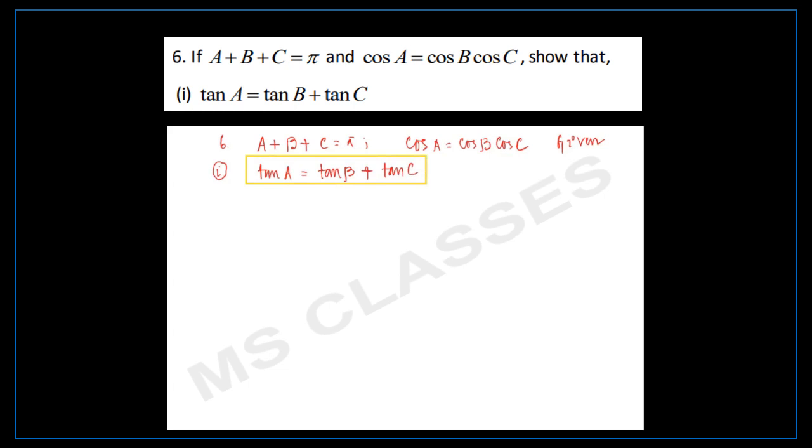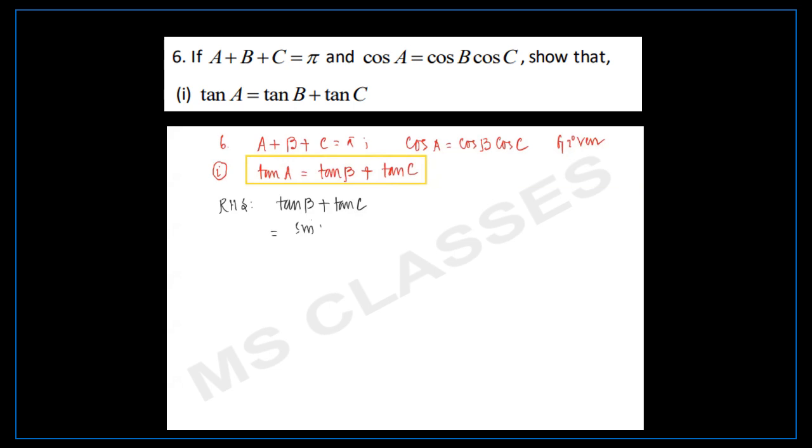Now, what we'll do, we'll start from the RHS part, that is tan B plus tan C. So we can start this way, RHS: tan B plus tan C. Now this will be what?